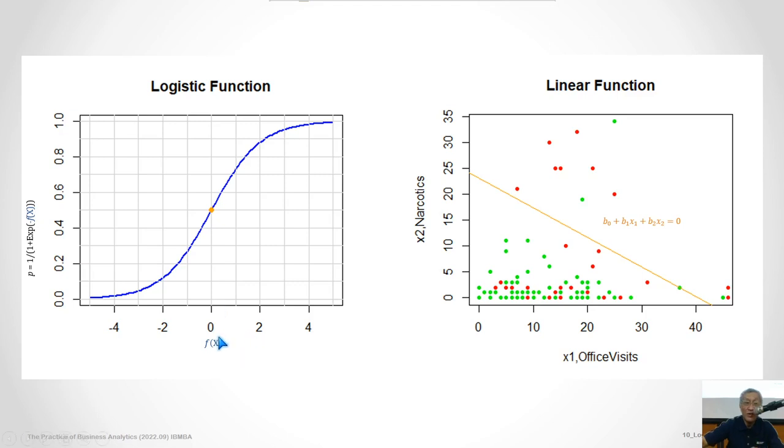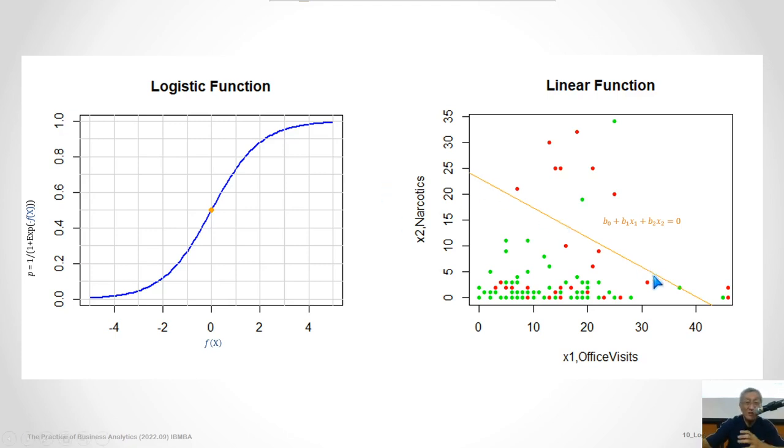I mean, when the value of the linear combination equal to 0, what is the probability of y equal to 1? Yeah, louder. 0.5, right?